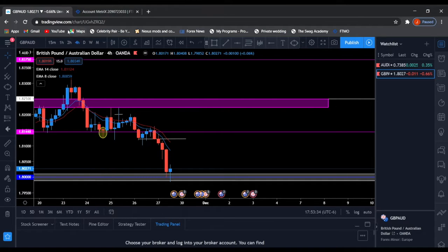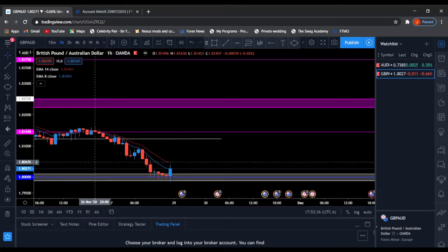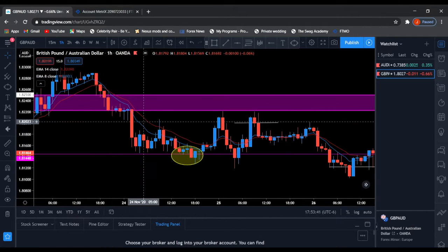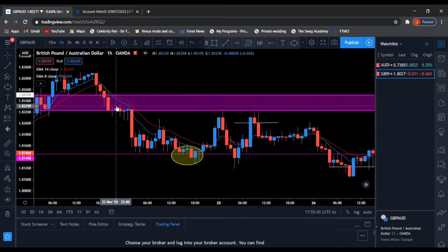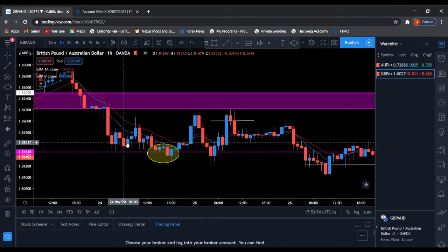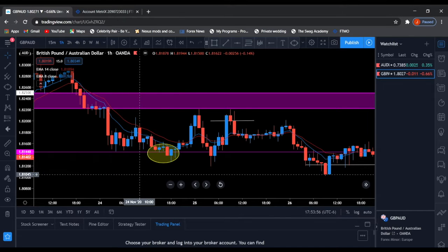It broke through on the 4-hour. I went to the daily chart, and all of these candles were a part of the breakthrough on the 4-hour. So it broke through. It didn't retest. It just kept consolidating on this daily level that I got.